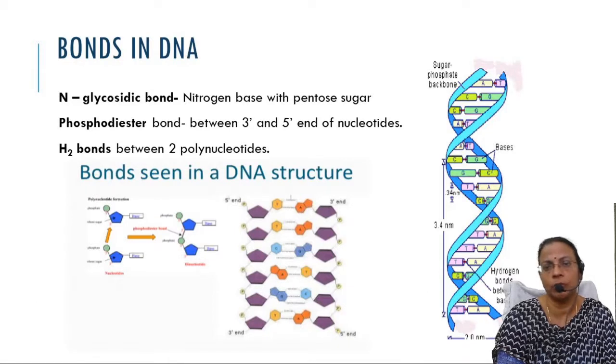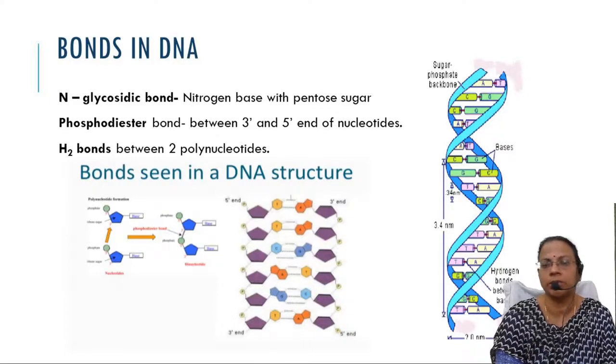So mark the polynucleotide strand, the sugar phosphate backbone, and the nitrogenous base pairs, and A and T means 2 hydrogen bonds, C and G means 3 hydrogen bonds.